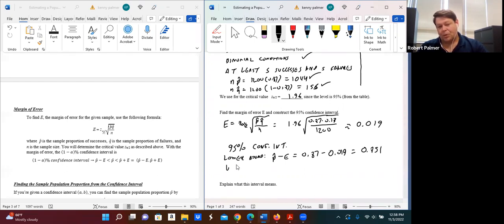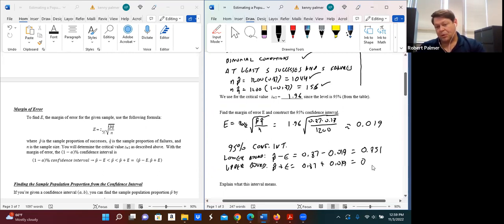Then our upper bound is going to be p hat plus E, so 0.87 plus 0.019, and that's going to be 0.889.